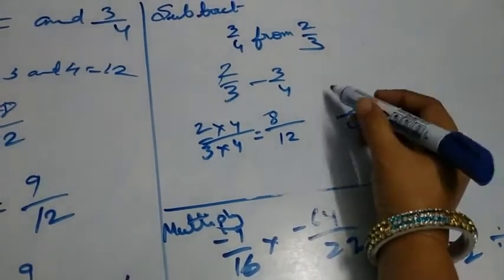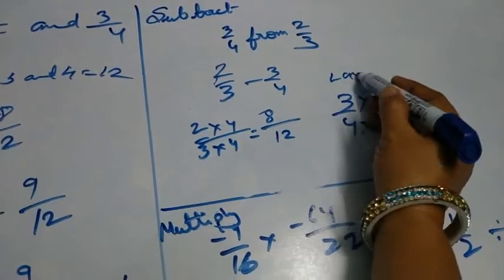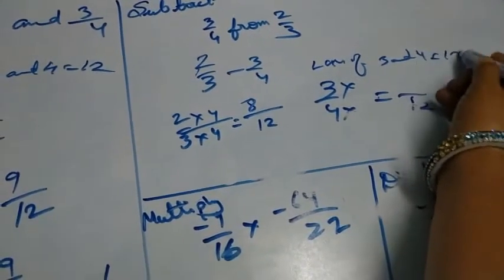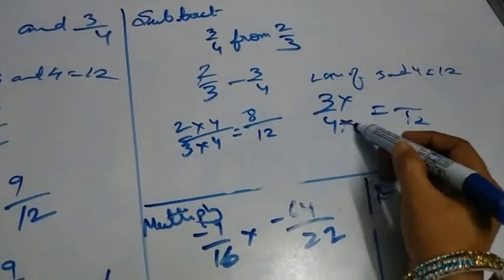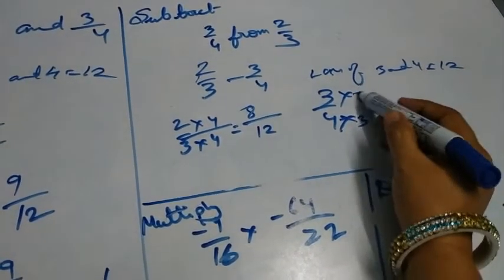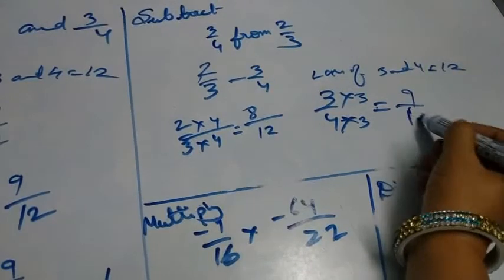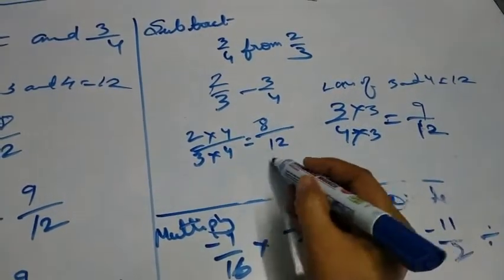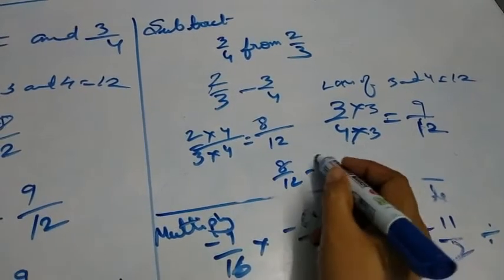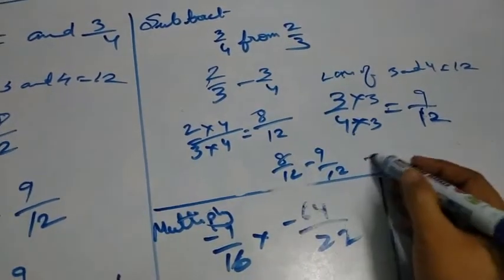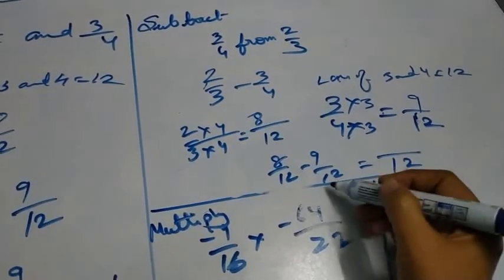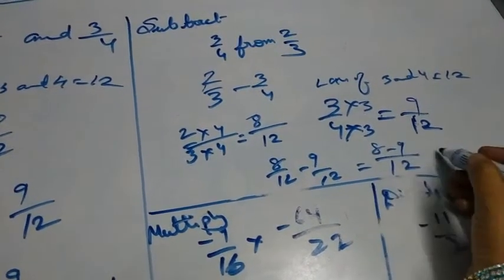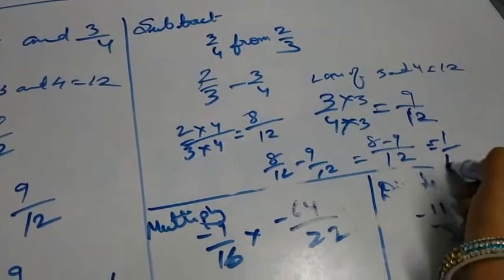Because the LCM of 3 and 4 is 12. So 4 multiplied by 3, 4 3s are 12, so 3 multiplied by 3 will be 9. Now again 8/12 minus 9/12. The denominator is 12, that is the same, so we will write it one time. 8 minus 9 will be -1, so the answer is -1/12.